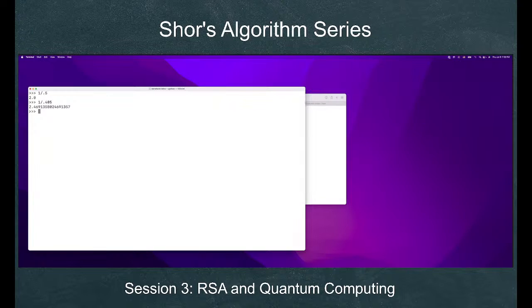That's a period. So you can use that to decrypt your ciphertext. However, if it doesn't give you 1, then you have to try again.